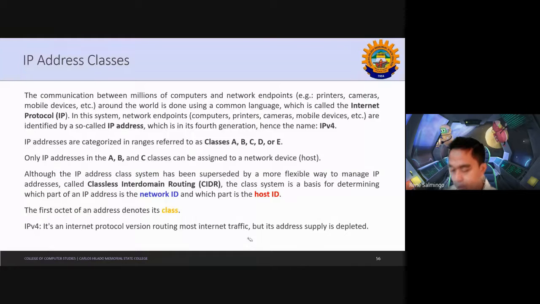Take note, the first octet of the address denotes its class. IP version 4 routes most internet traffic, but its address supply is going to be depleted, because we are now moving to Internet Protocol version 6, since we have only a limited amount of IP addresses in version 4.